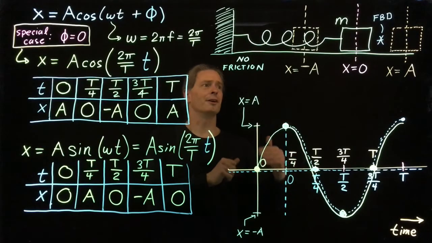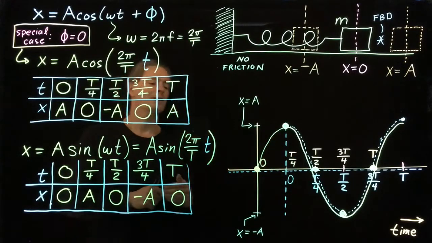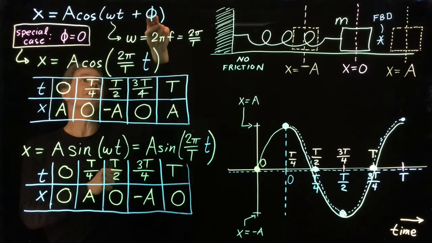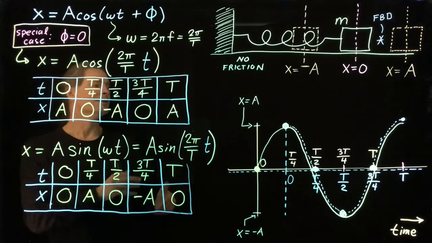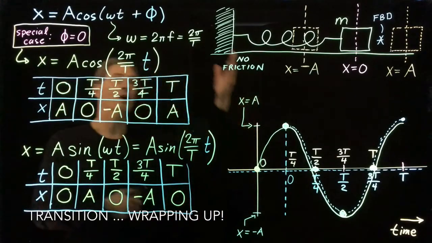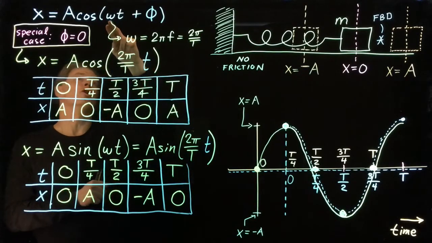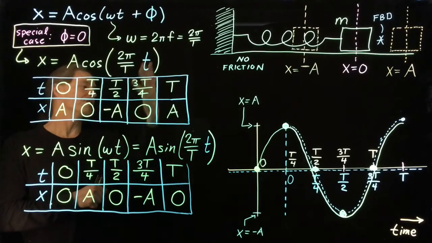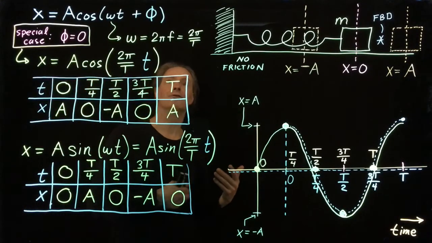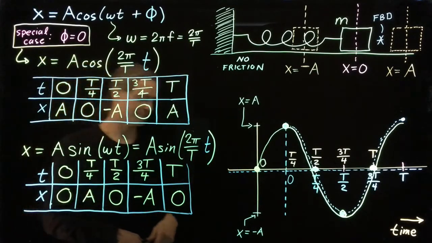We could also consider in-between situations that don't align with either of these by putting some other value of phi, or theta, added in here. All right, along the way in illustrating this, we demonstrated that this parameter omega, which is multiplying t in either a cosine function or the argument of a sine function, is indeed the angular frequency, which is related to the regular frequency and also related to the period.